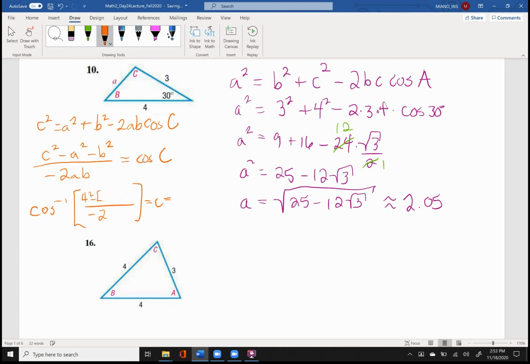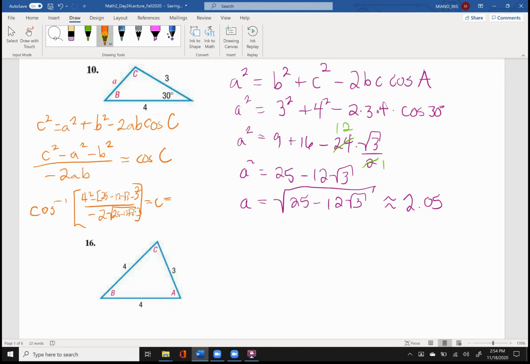Minus 25 minus 12 root 3, and then minus b squared, and b is 3, minus 3 squared, and then divided by negative 2 times a, which is that square root of 25 minus 12 root 3, and then times 3 as well, so times 3 down below.